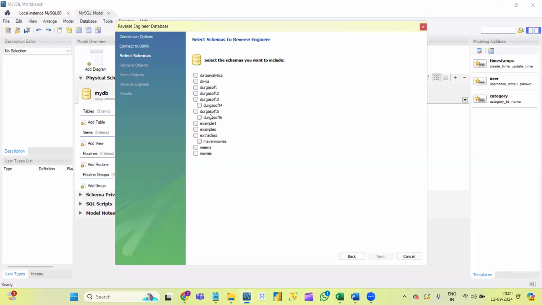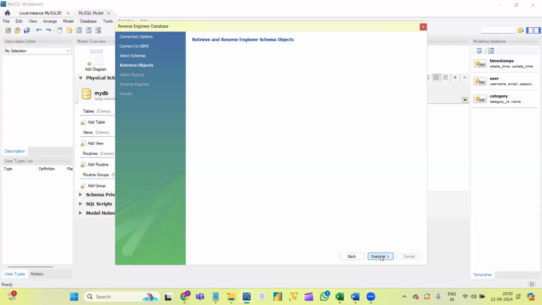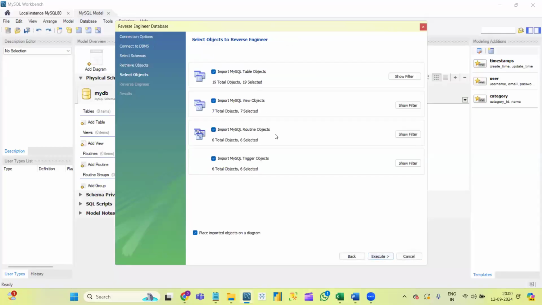Now we will see the list of databases we already created in our MySQL, right? Suppose I want to see the ER diagram of Maven Movies, I'll select that database and click on next.